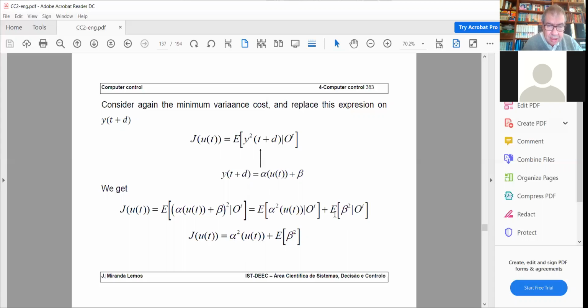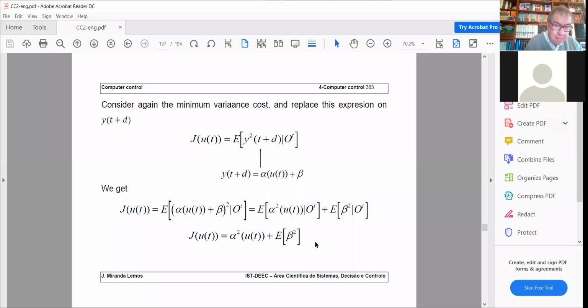The second parcel, I'm taking the expected value of a quantity that is conditioned on variables that are independent of it, so this conditioning does not affect the expected value. So I can just take out this "given observations up to time t." Okay, so I can write my functional in this way.